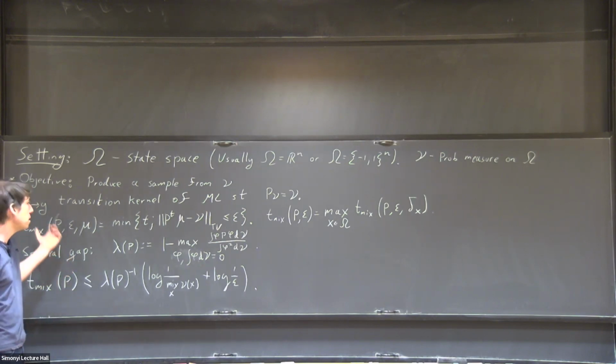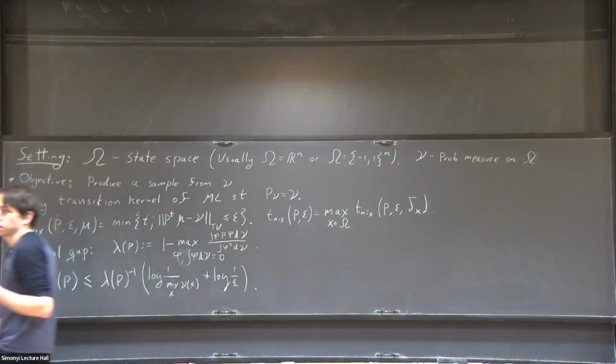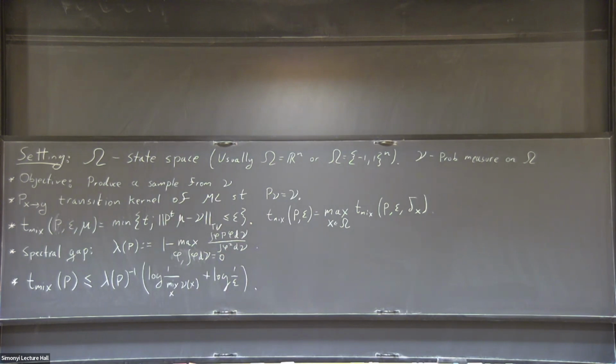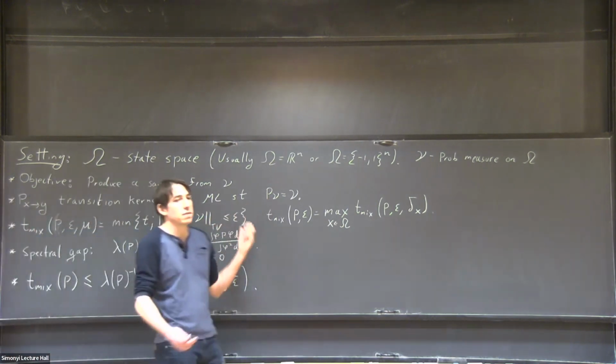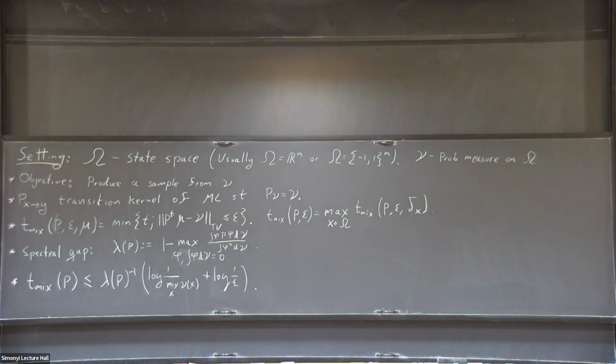But the point is, if we have a transition kernel like this, then a natural algorithm for sampling is just start from any fixed point. This basically gives us some random walk on our state space, and we just run this random walk, and hopefully at a large enough time, what we have is more or less a sample from our measure.